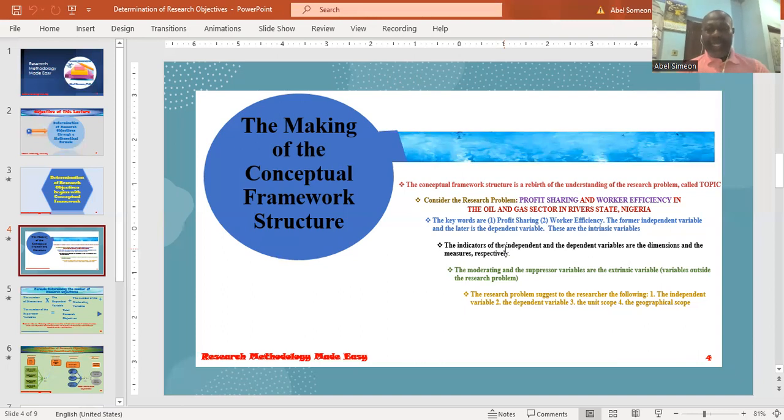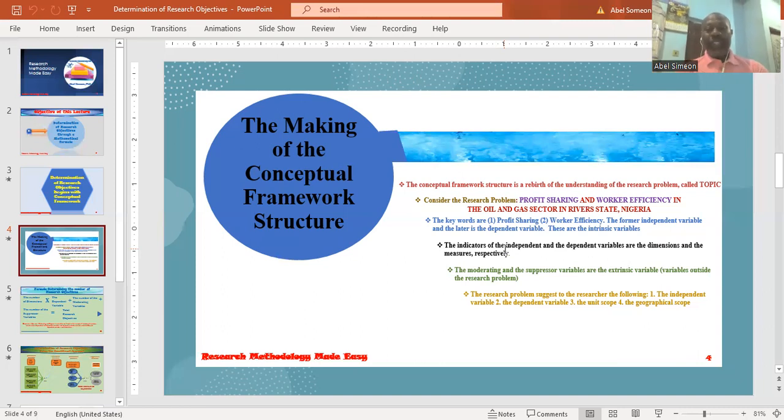The next is looking out for the moderating variable. The moderating variable is any variable that tends to support the relationship between the independent and the dependent variable. Conversely, if the variable tends to discourage the relationship between the independent and dependent variable, it is called suppressor variable.